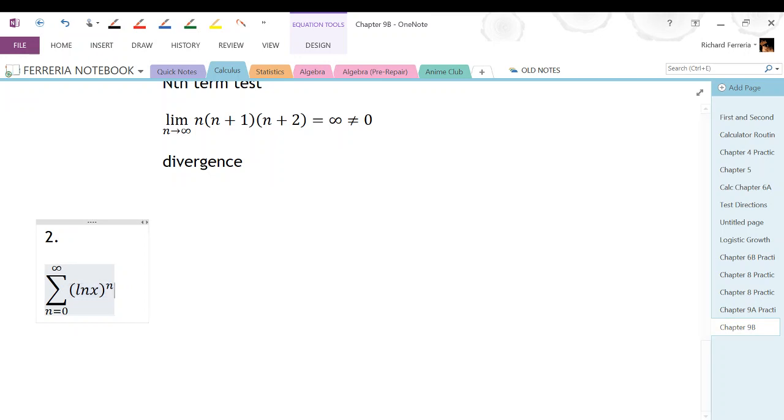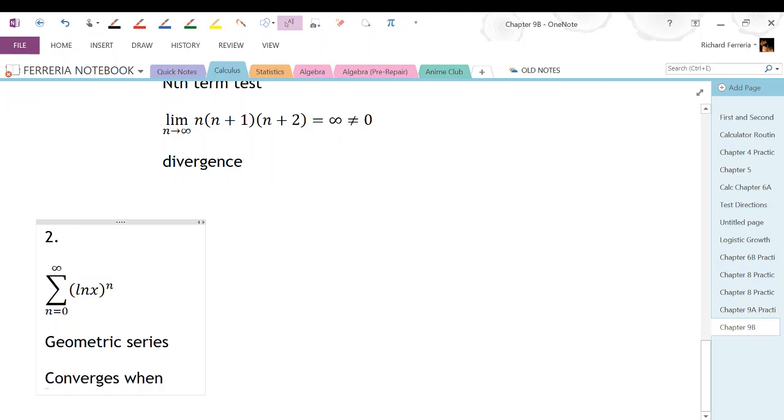Okay. That's a geometric series, right? Geometric series. So this converges when the absolute value of the natural log of x is less than 1.